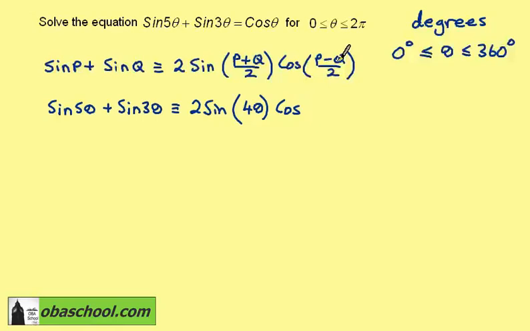The cosine of (5θ - 3θ), which is 2θ, divided by 2 is θ.